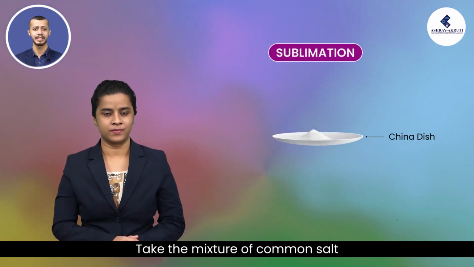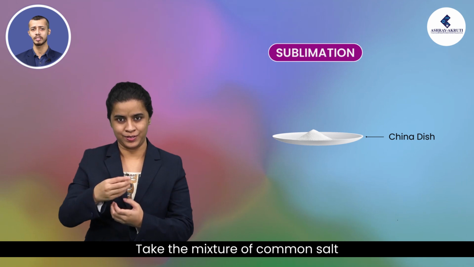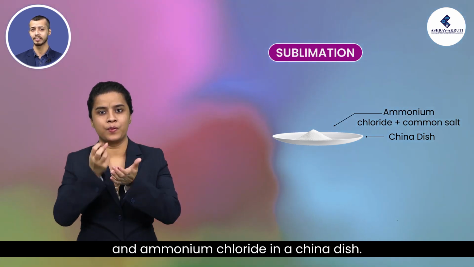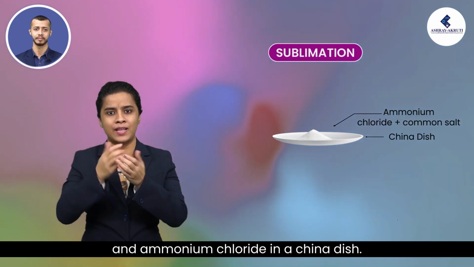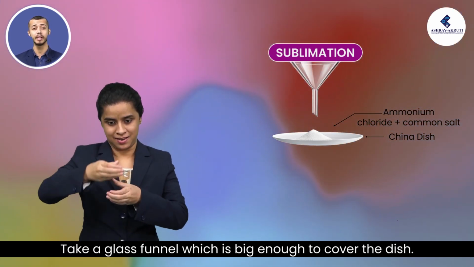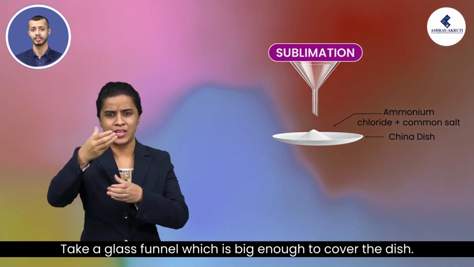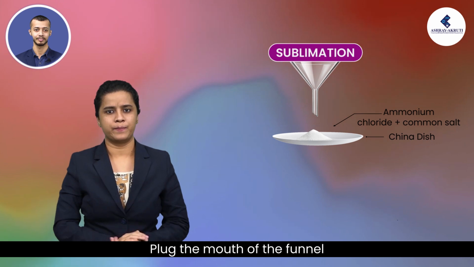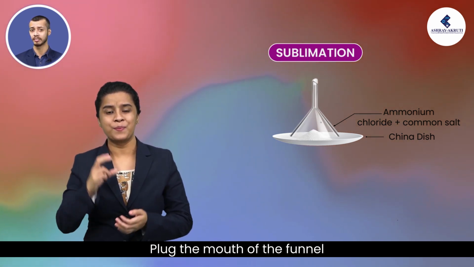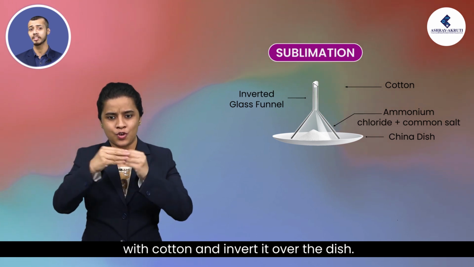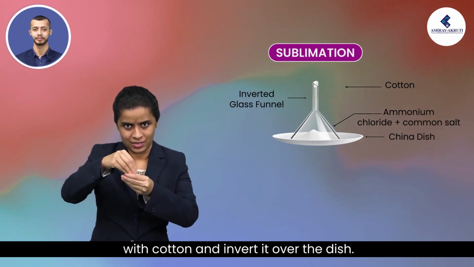Example: take the mixture of common salt and ammonium chloride in a china dish. Take a glass funnel which is big enough to cover the dish. Plug the mouth of the funnel with cotton and invert it over the dish.